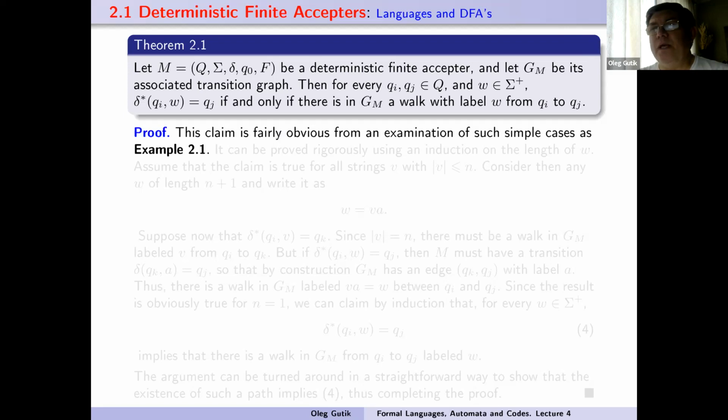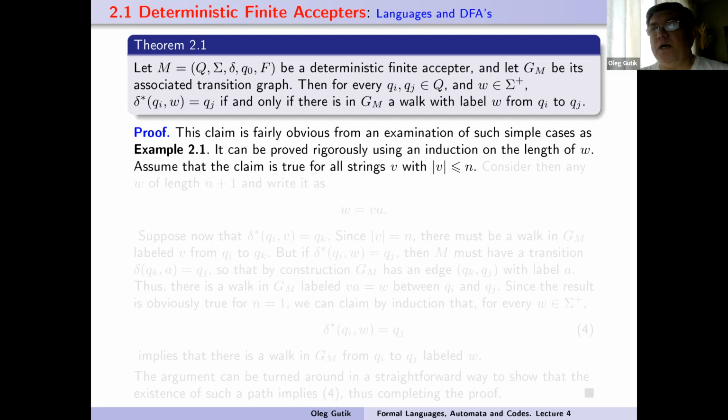The proof. This claim is very obvious from the examination of such a simple case as in example 2.1. It can be proved rigorously using induction on the length of the string W. Assume that the claim is true for all strings V with length less than or equal to n.